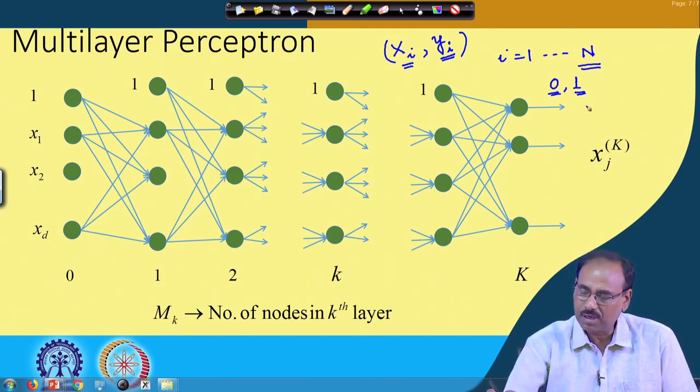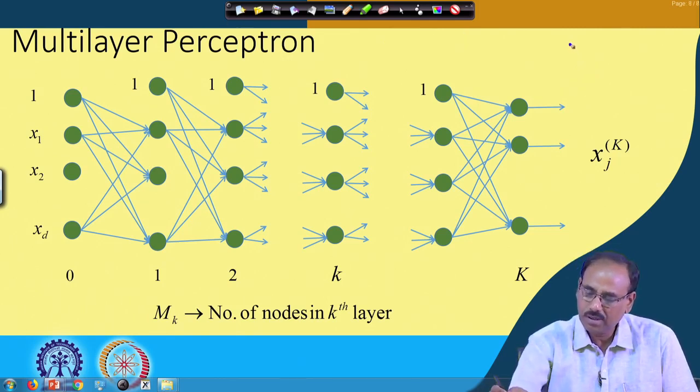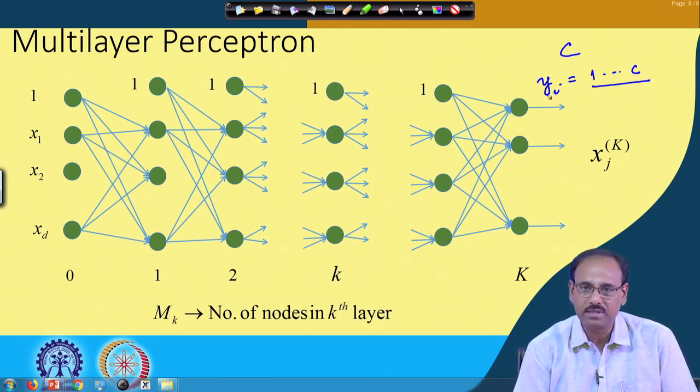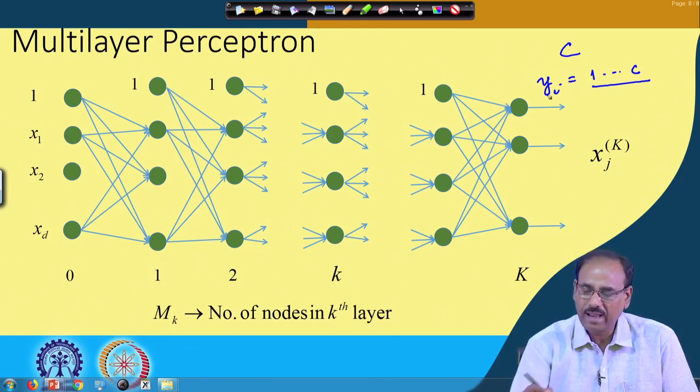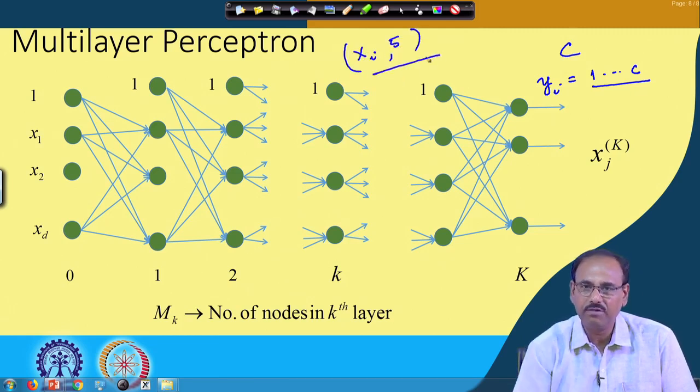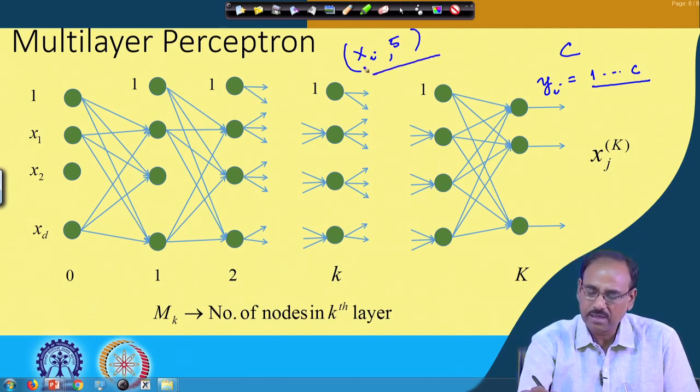If I have C number of classes, then y_i will take one of the values 1 to C. So this y_i is the index of the class to which x_i belongs. If I have training data (x_i, 5), this means that the training data x_i belongs to class 5.